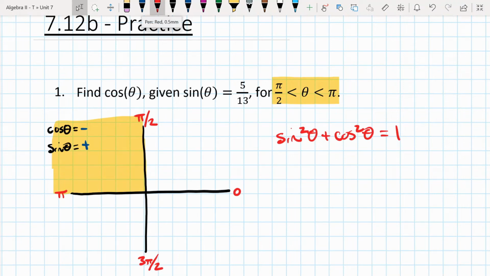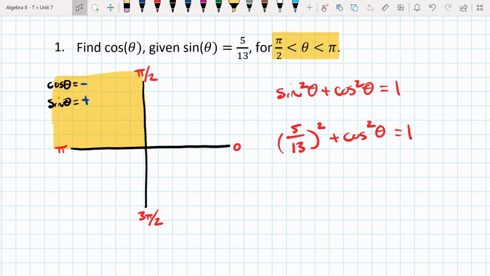So let's plug in 5 over 13 for sine. Cosine squared equals 1. Now let's solve for cosine. So 25 over 169 plus cosine squared theta equals 1.